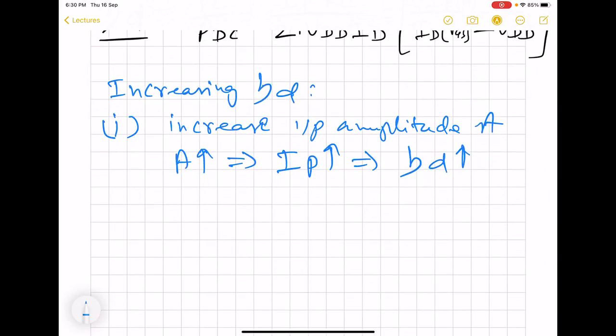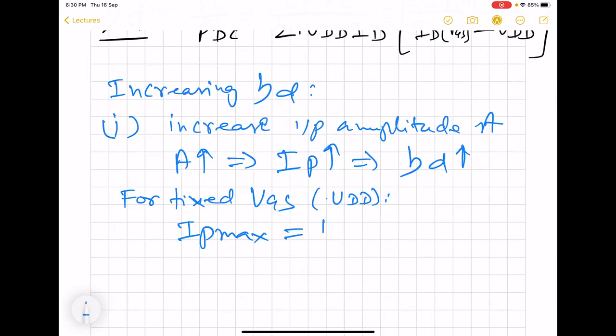So here, keep in mind that for fixed, we haven't altered VGS and also VDD. The IP max that we can get is equal to ID, right?